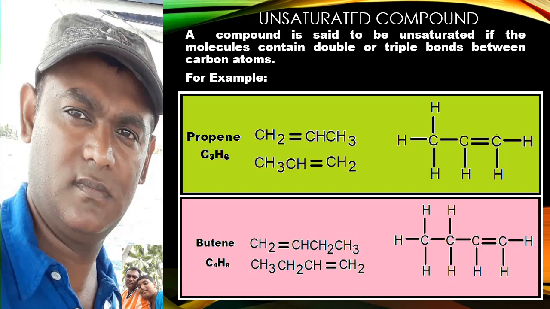Therefore, it can accommodate 1 more bond, which is with the hydrogen atom. The fourth carbon atom is attached to the third carbon atom by a double bond. Here, it can accommodate 2 more bonds, which is done by 2 hydrogen atoms.